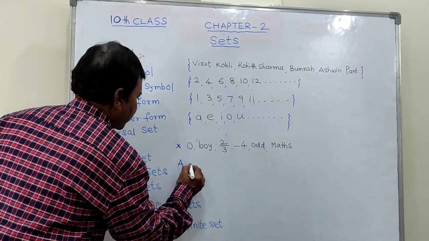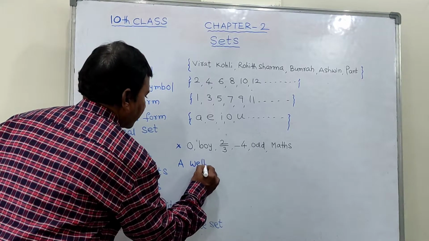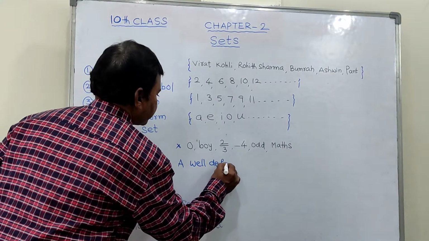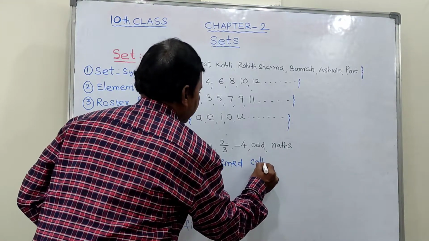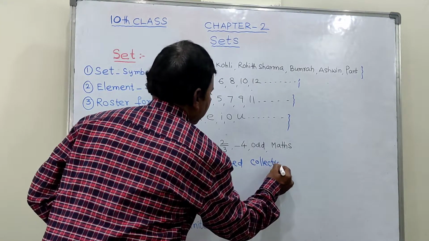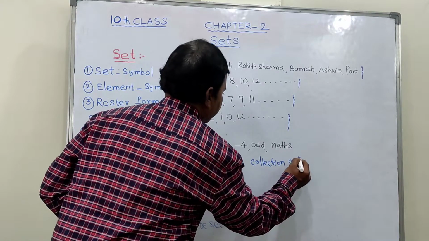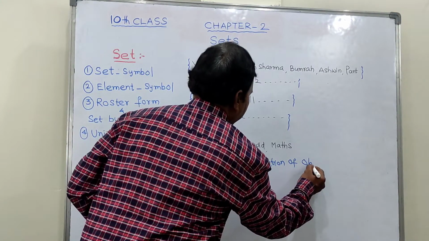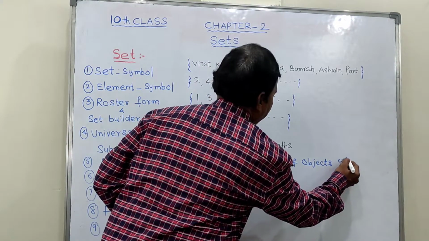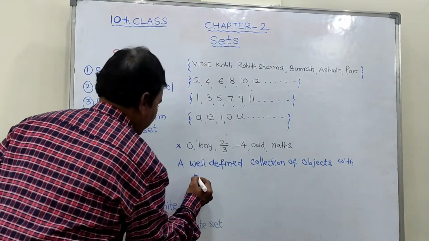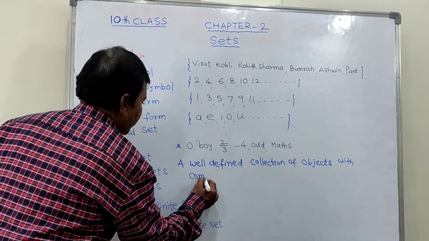What we have to write here? A well defined collection of objects with common property.